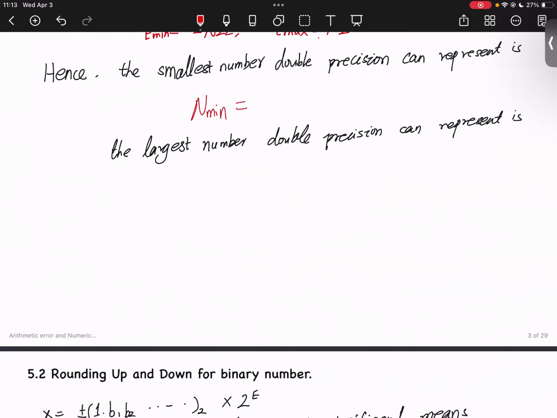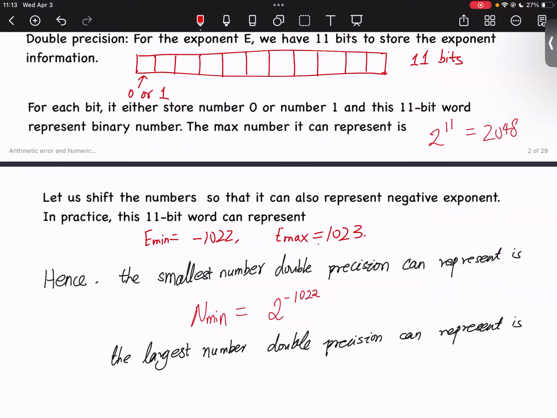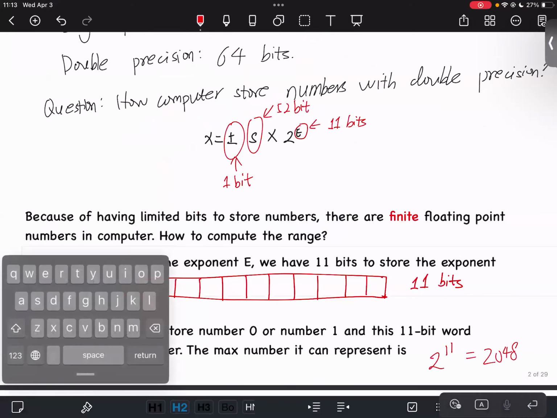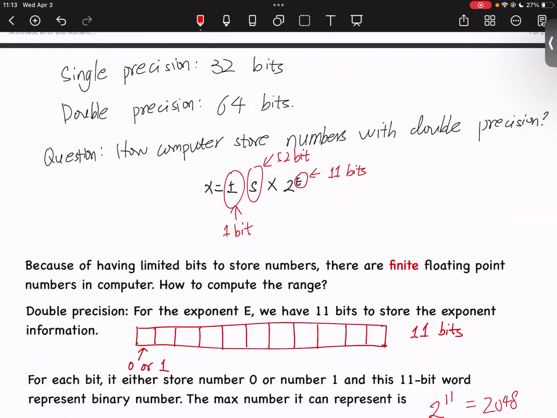It should be 2 to the minimum of the exponent here, that is 2 to the power of negative 1022. This is because if you take a look at the S number here, the S number is 1.B1 B2 B3, and so on and so forth.